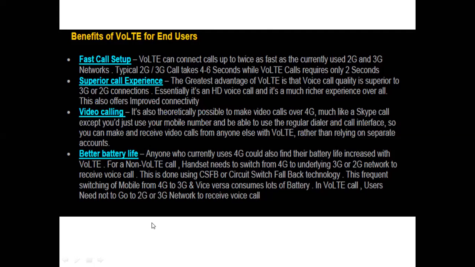And video calling, one more additional feature we have, video calling also you can do using VoLTE only. For video calling, you need to establish one more dedicated bearer. For VoLTE you need to establish a dedicated bearer QCI1, and for the video call you need to establish a dedicated bearer QCI2.